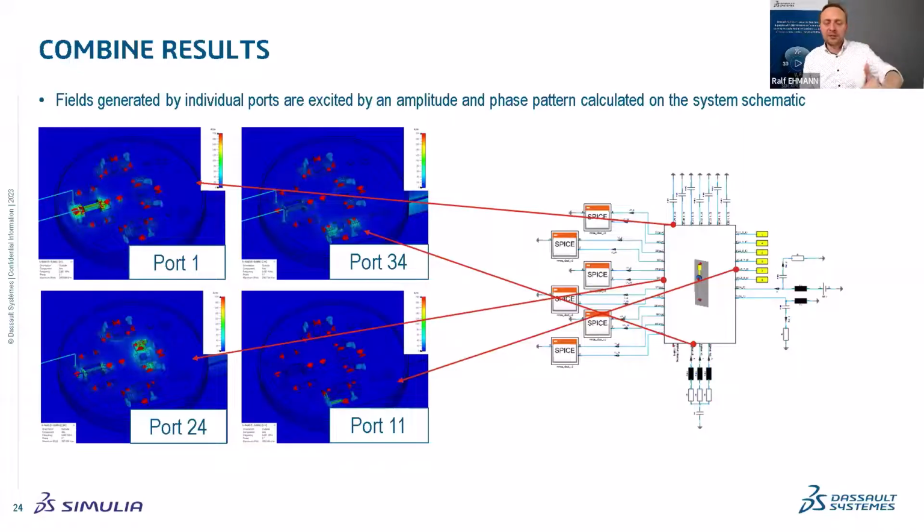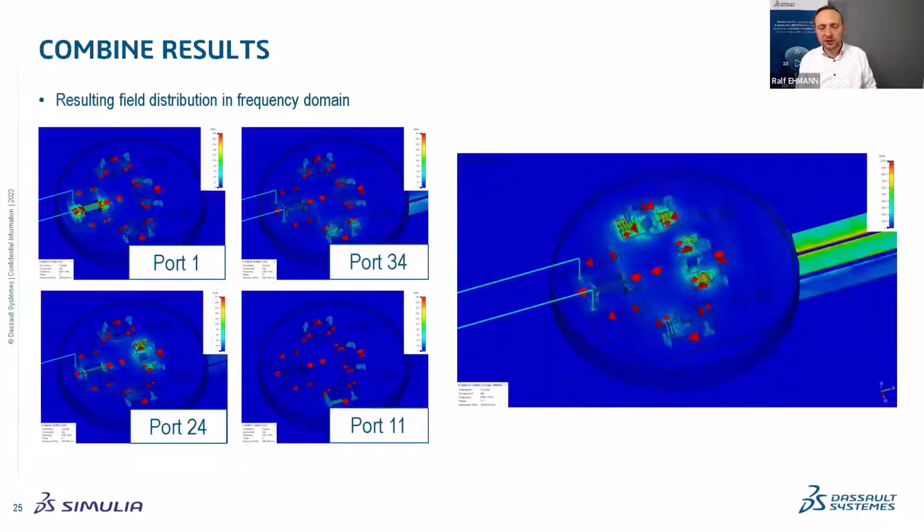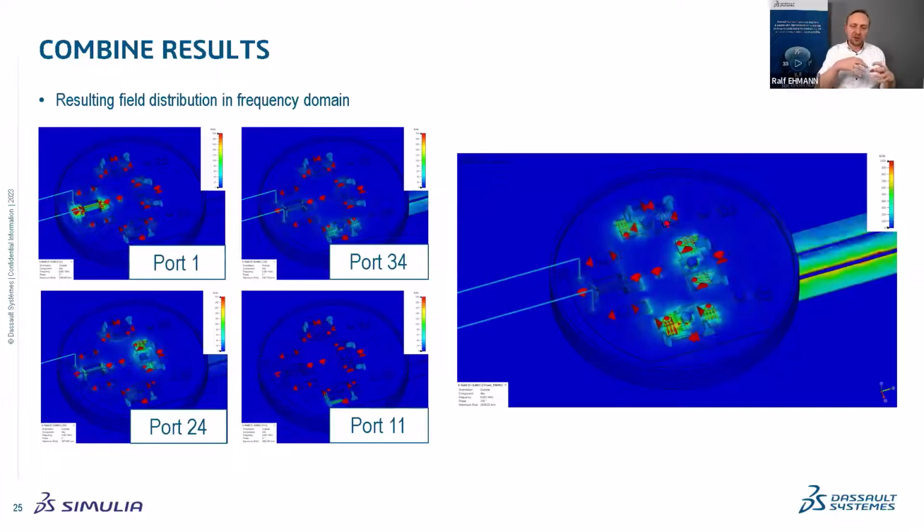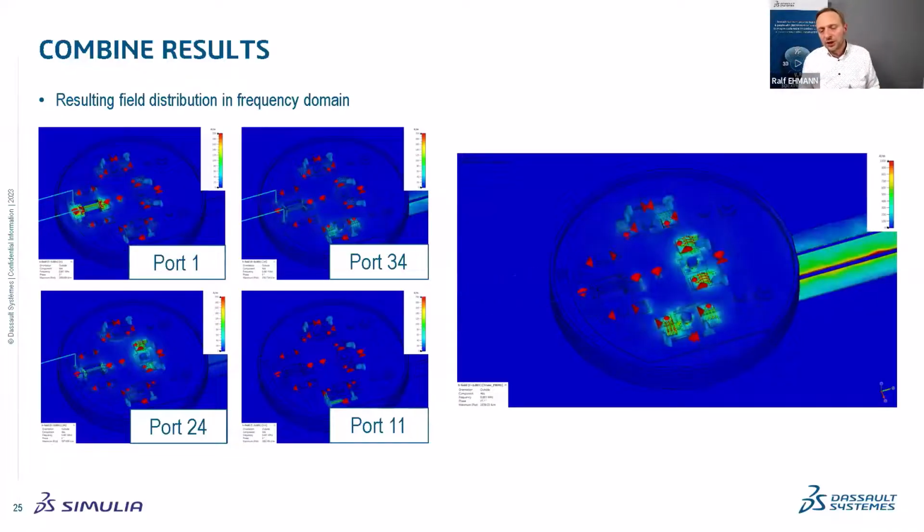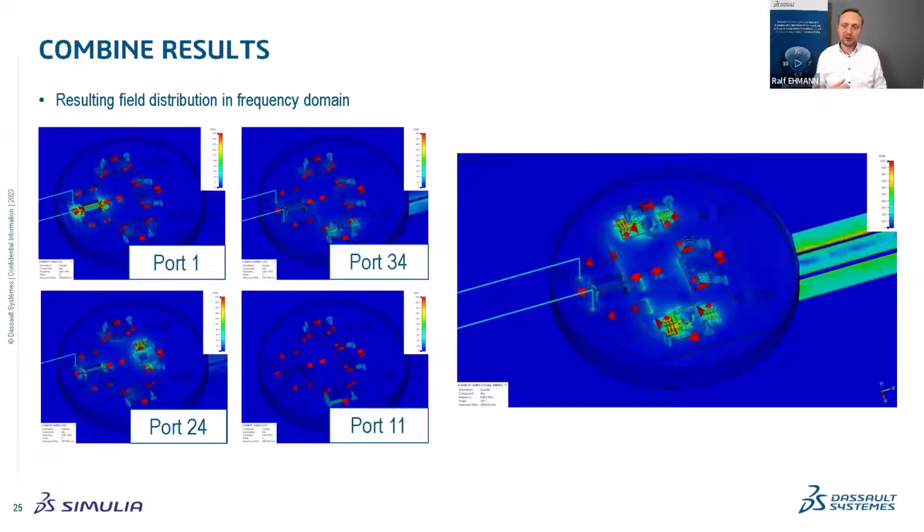They are using the excitation pattern which has been defined on the circuit and combining the individual ports to a resulting field. And it's a very powerful technique which you cannot do with the RLC solver. It is only possible with the S parameters, because every individual port has an individual port distribution. And then we can combine these individual contributions to a resulting field.